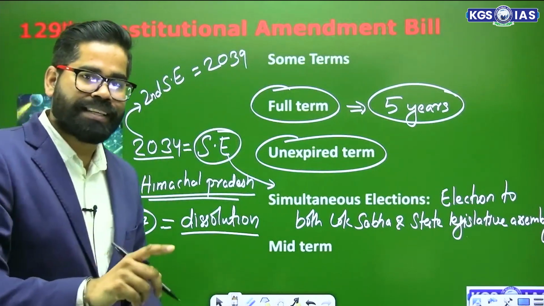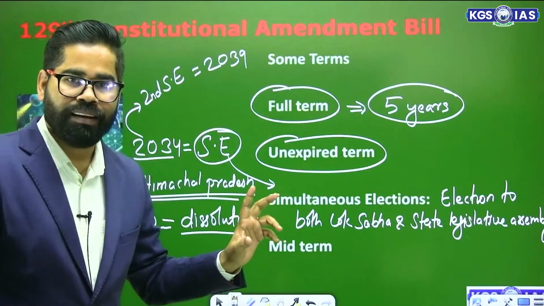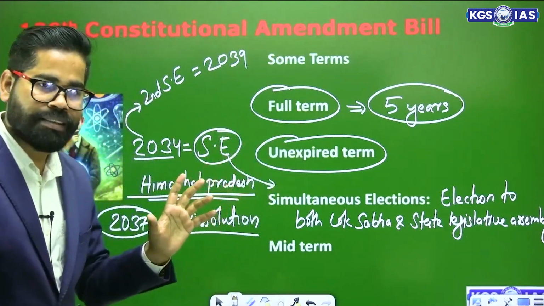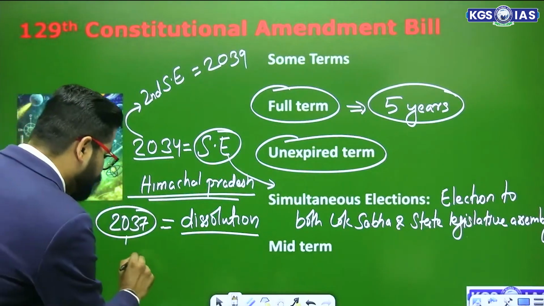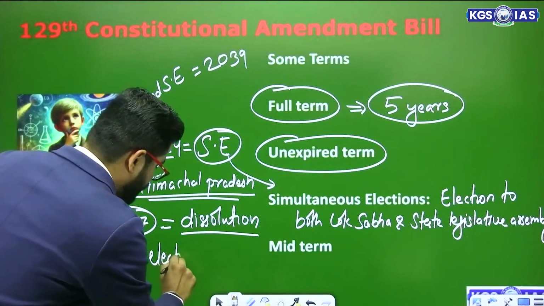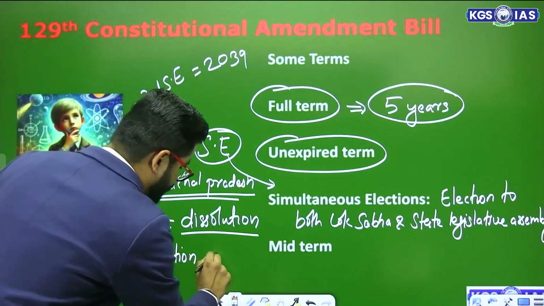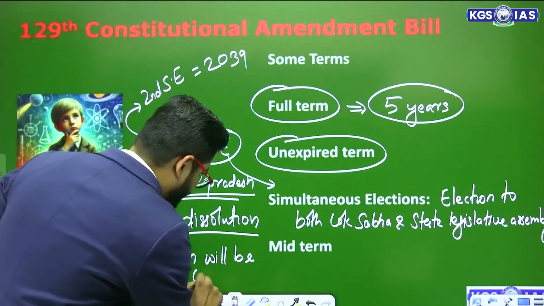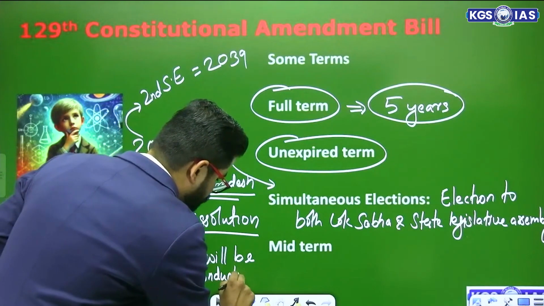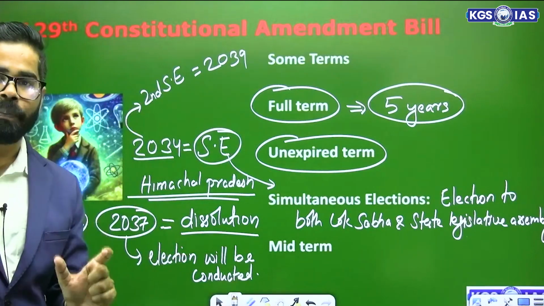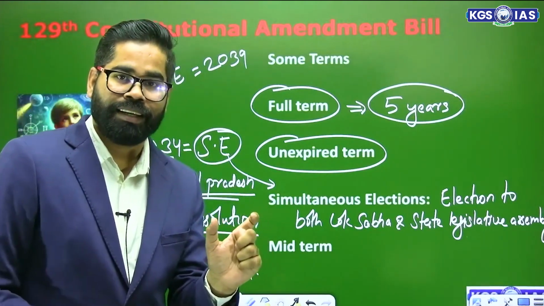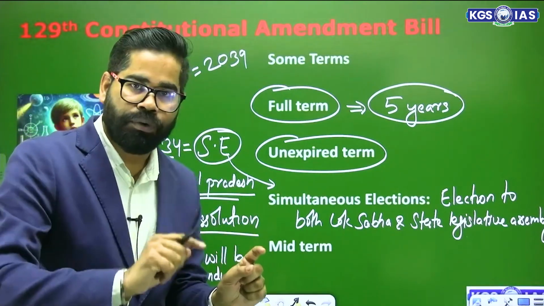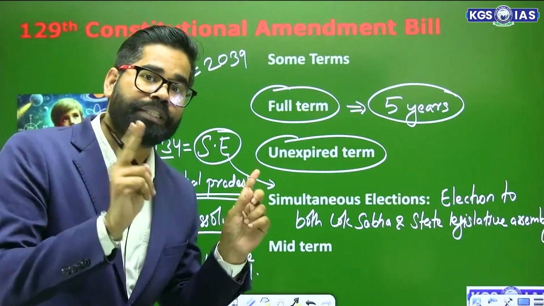So what has been said as part of this bill? There will be an election here. It has been said that the elected house will have a term of 2 years.